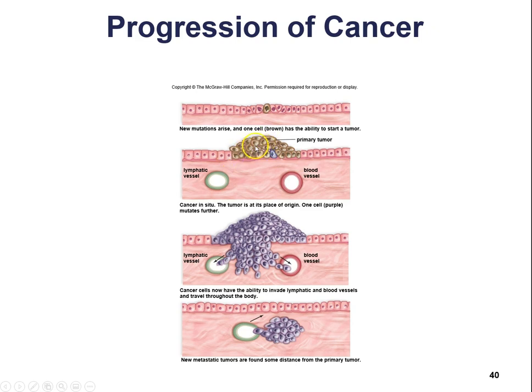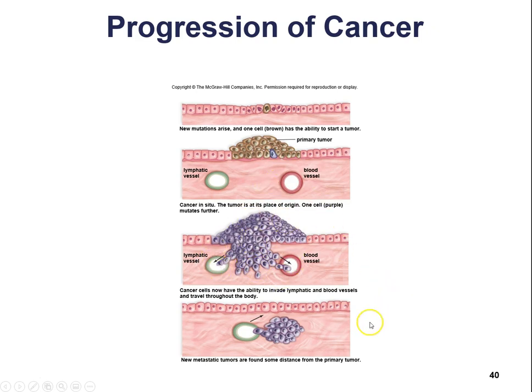Because again, these are rapidly dividing, they're overriding all these regulatory processes, so they form mutations more rapidly than normal cells. Okay, and now this purple cell forms more of the tumor, and more of them become purple cell-like, and now what do they have the ability to do? Metastasize, right?